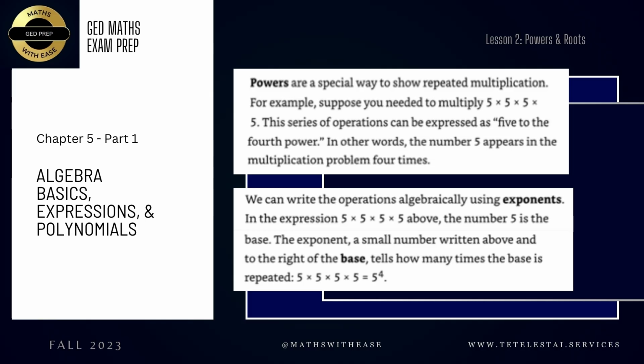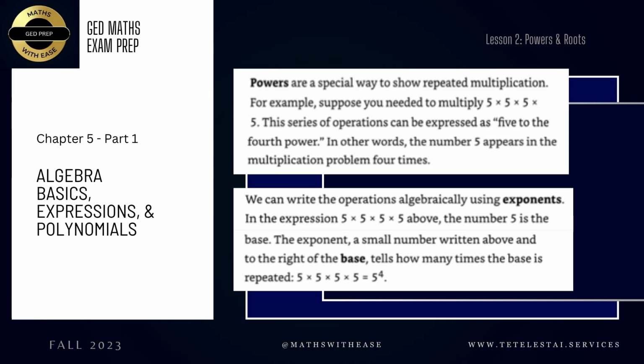In other words, 5 appears in the multiplication problem 4 times. So we write the operations algebraically using exponents. In the expression 5 times 5 times 5 times 5, the number 5 is the base, and our exponent would be 4, right? So we multiply the base, 5, 4 times.